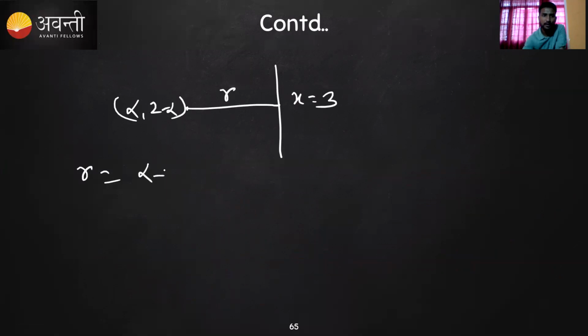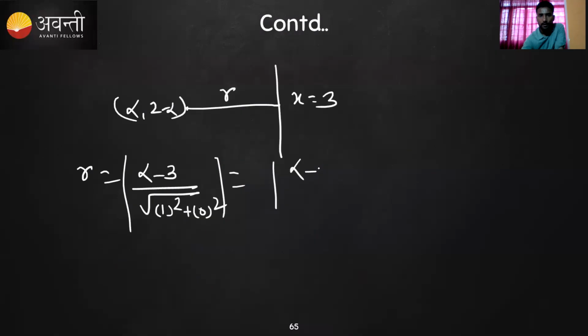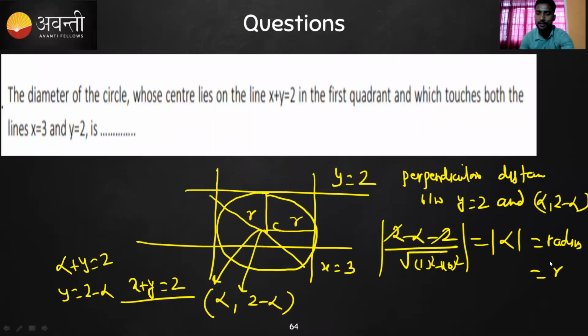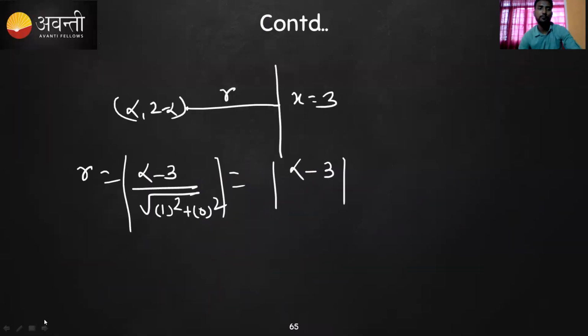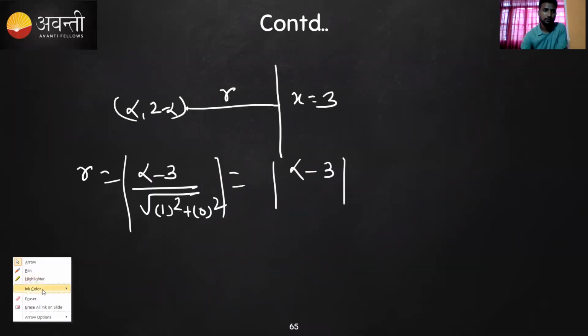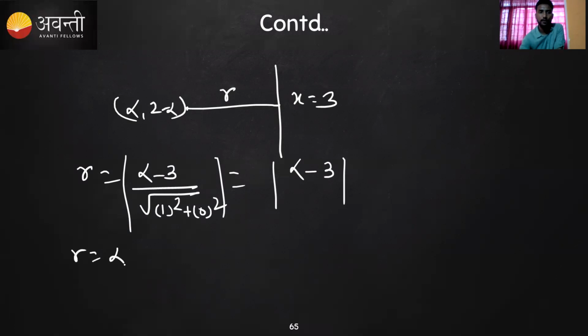So x minus 3 means alpha minus 3 divided by root of 1 square plus 0 square. So it will be basically alpha minus 3. So from here you can see R is equal to alpha minus 3, and previously we have found R is equal to alpha.